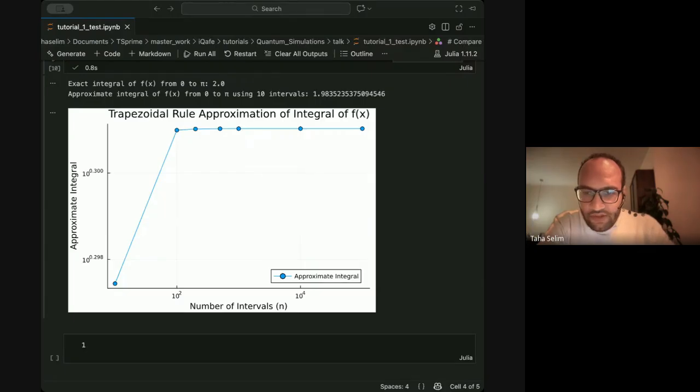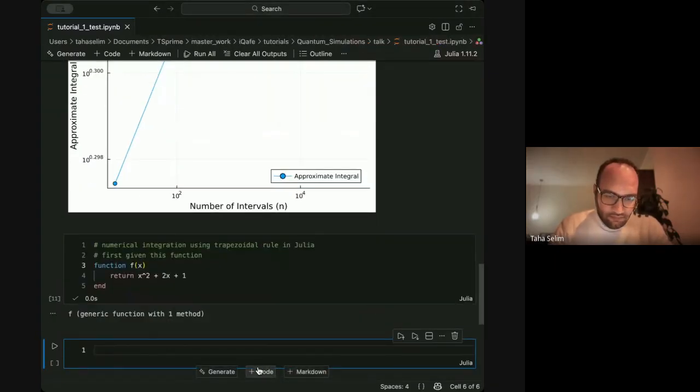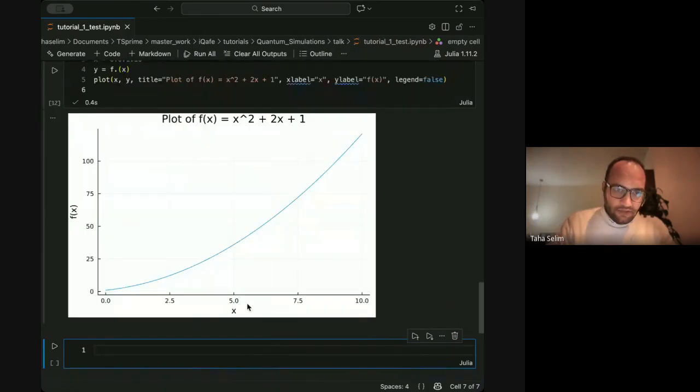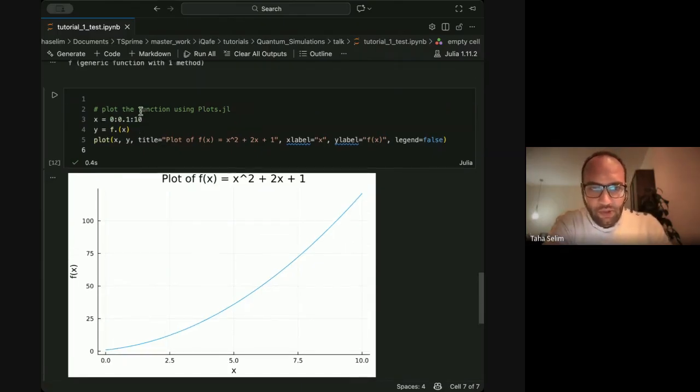Now let's see another function. So I'm going to make a function, a polynomial function. Then I'm going to plot this function. Okay, this function has been plotted from 0 to 10 in steps of 0.1. It's a very normal function. You can plot it with MATLAB, with Python, with any language you are familiar with.